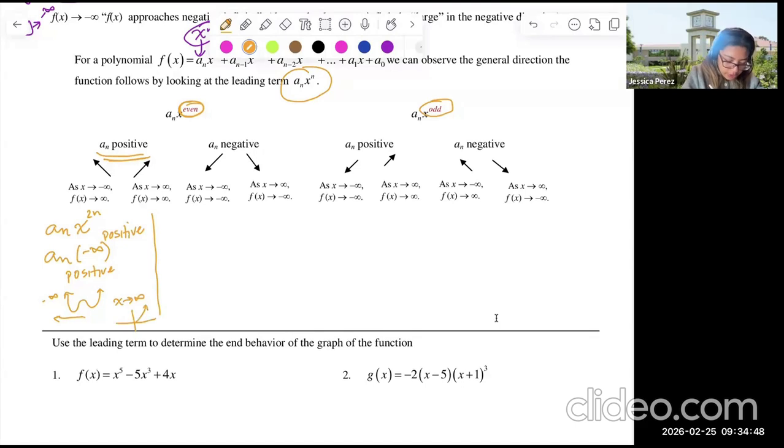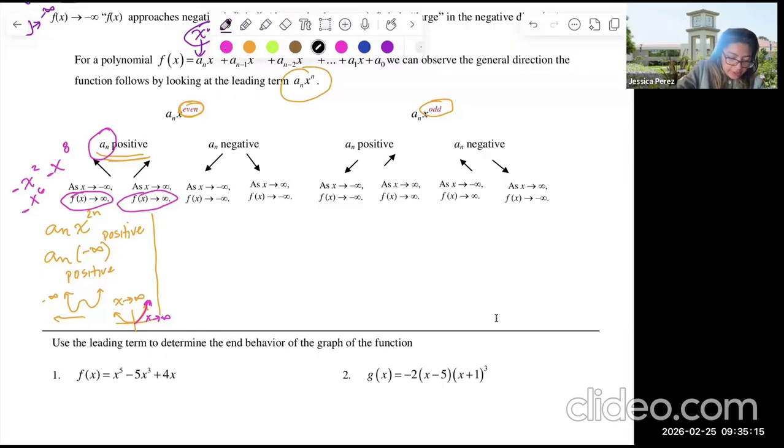I'm going this direction. So for example, as x goes to infinity, my y value will also go to infinity. So here I'm looking at an x squared, an x to the 6th, an x to the 8th, and my coefficient a sub n is positive. So a sub n being positive will always have f of x going to positive infinity.